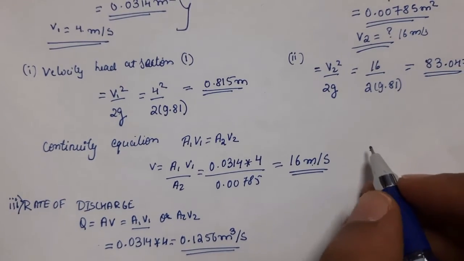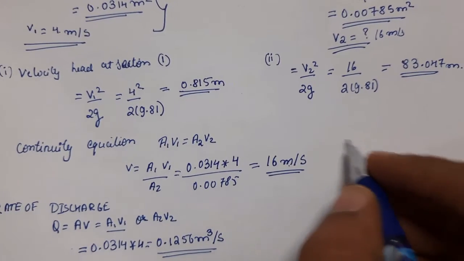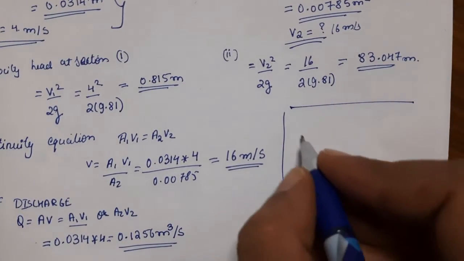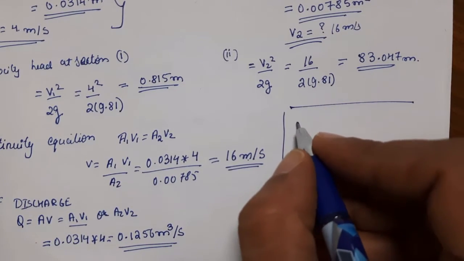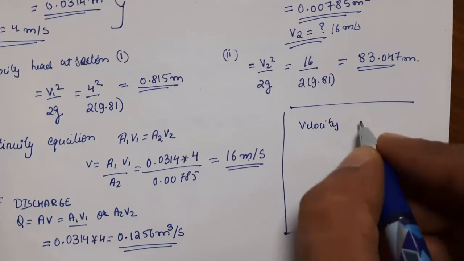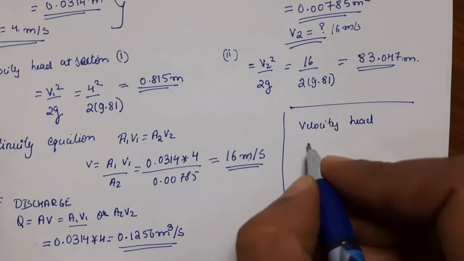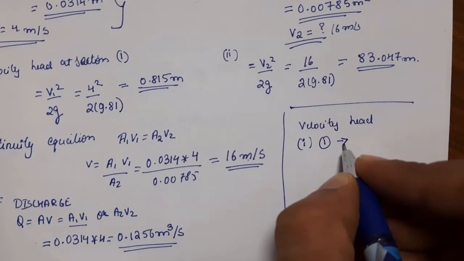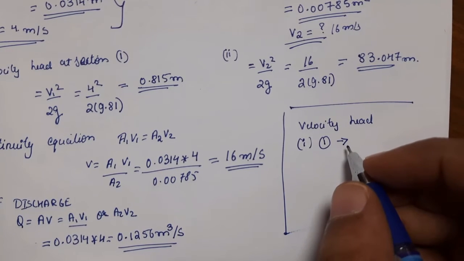Now let us write down all these values together once. Make a box here. So first and foremost, the velocity head at section 1 will be equal to how much?